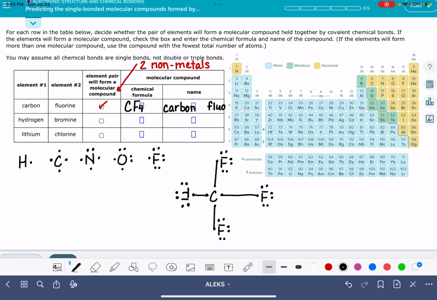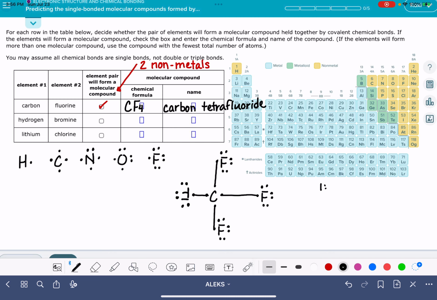So instead of fluorine, we are going to drop the "ine" off of the atom's name, and we're going to change it to "ide." And we also need to indicate that there are 4 of those fluorines, and we're going to do that with a prefix in front of the fluoride. The prefix for 4 is tetra. So I'm just going to erase all this and write it a little bit neater. Tetrafluoride.